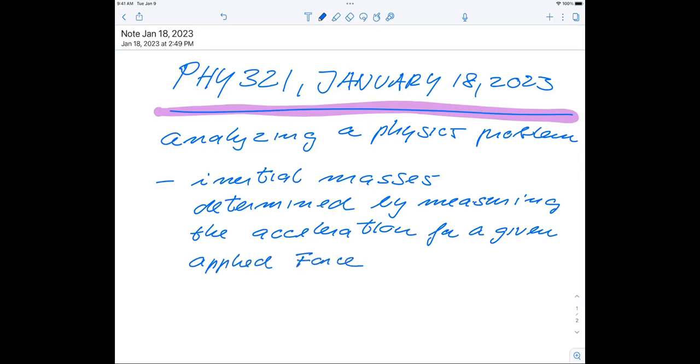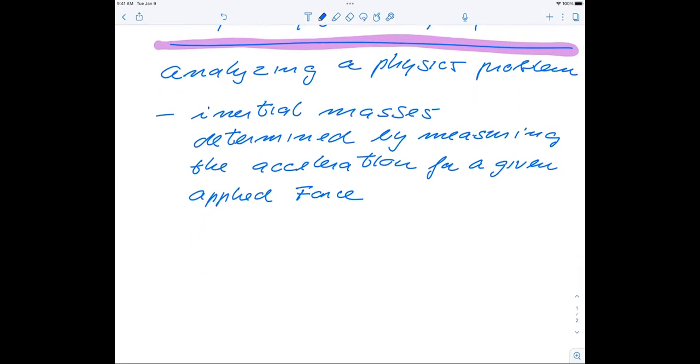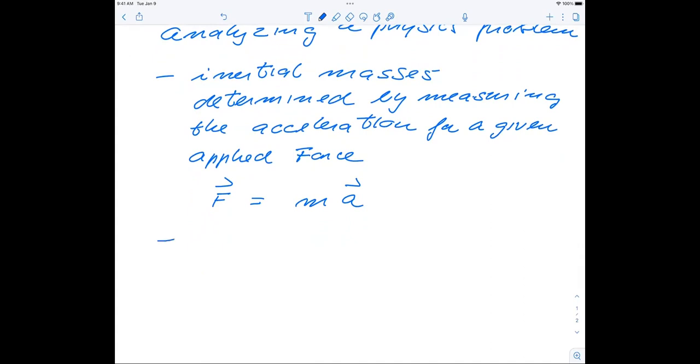So we know what the force is, we measure the acceleration, so then we can extract the inertial mass. This is just given by Newton's second law. And then there's another important property of these inertial masses, that is that they are additive.